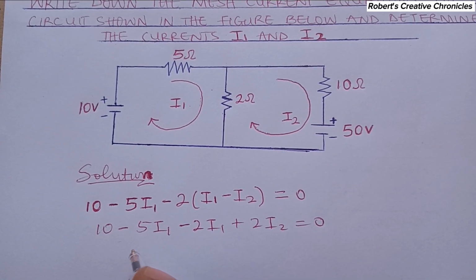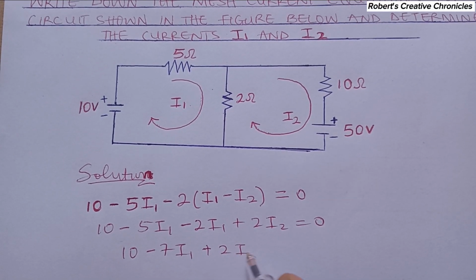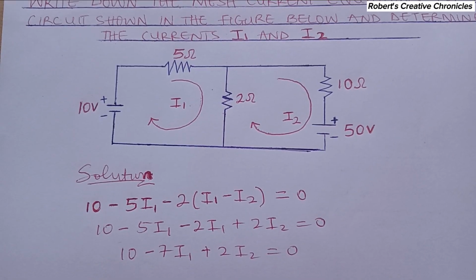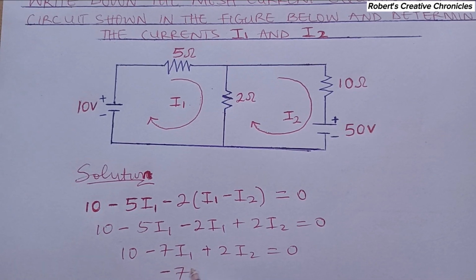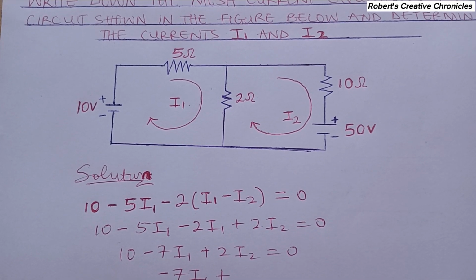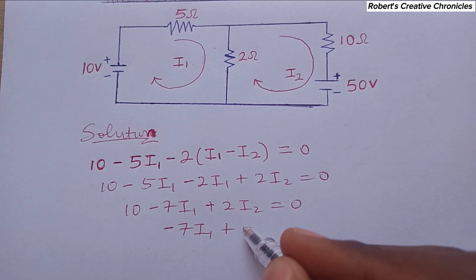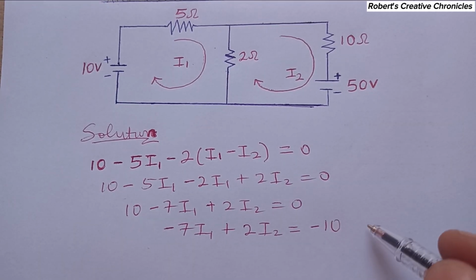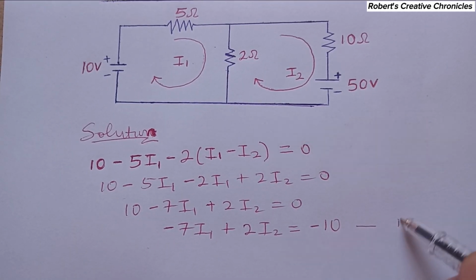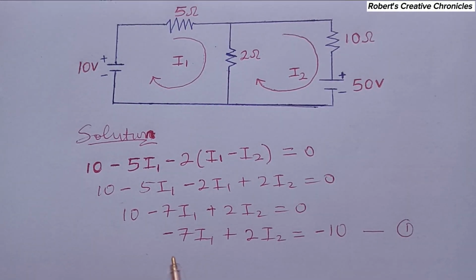Then combining these, 10 minus 7I1 plus 2I2 equals 0. Now we can take this to the other side, to become minus 7I1 plus 2I2 equals minus 10. So this is our first equation, equation 1. That means this is our first mesh current equation.